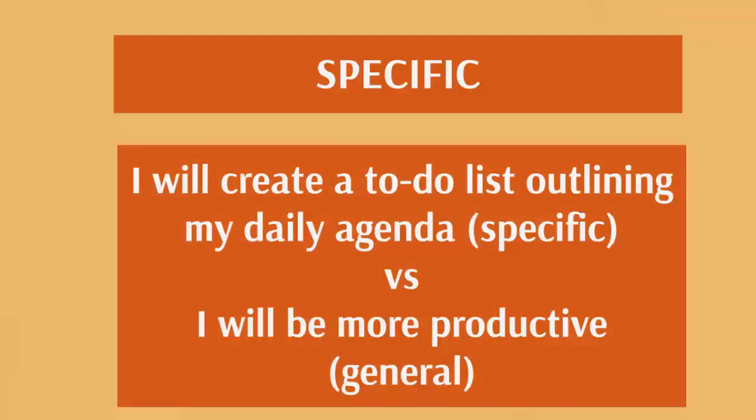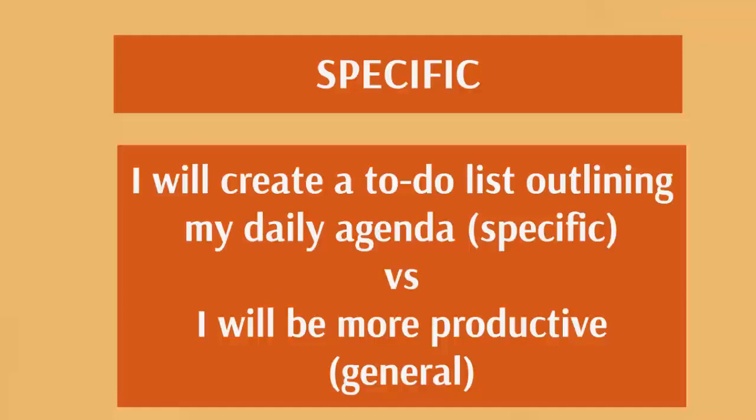So we need to take a look at specific and general. What are the differences between these two so that we know that the to-do list that we are creating is specific? So what I want you to think is, I will create a to-do list outlining my daily agenda. Like I said earlier, you really want to break it down into specifics, not just career and business, but personal.